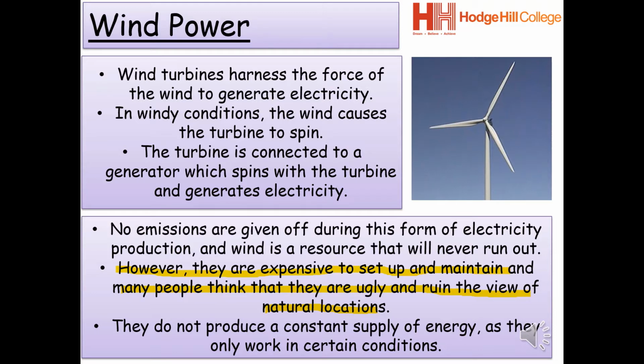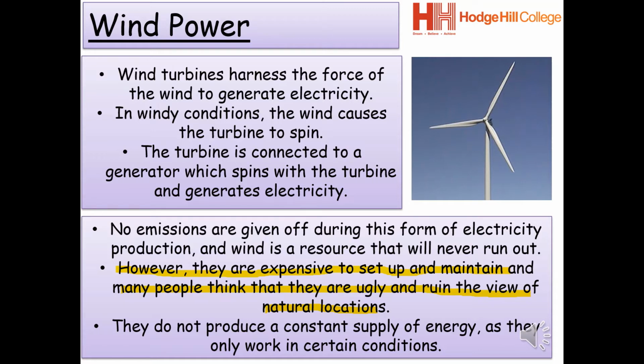So one of the things with wind power is that they tend to be an eyesore, and so you would not want to have wind turbines where you live because it can devalue your property, it will ruin the view, and some people are not interested in buying properties where they see wind turbines.